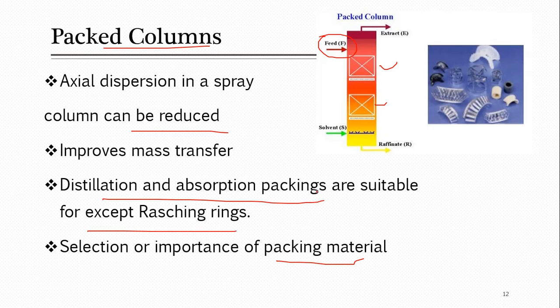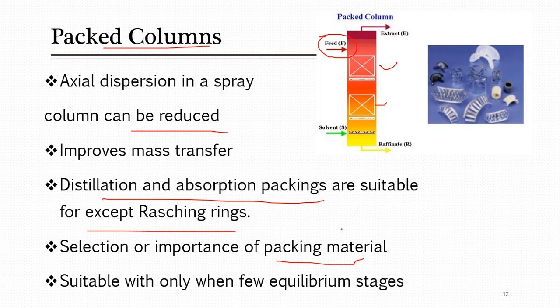If it is not wet, definitely the liquid disperse as well as continuous phase will just be moving as they are moving in the spray vessel. Although definitely it will be a better contact as compared to spray, if the material provides good wettability with your feed, so with your continuous phase, either it is feed or a solvent, that will provide good mass transfer.